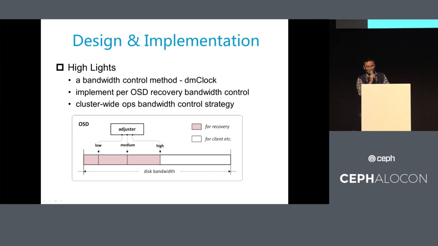The main idea consists of 3 parts. First, we try to find a bandwidth control method. Here we use dmClock. Based on that, we implement per-OSD recovery bandwidth control. Then we figure out a class-wide bandwidth control strategy.